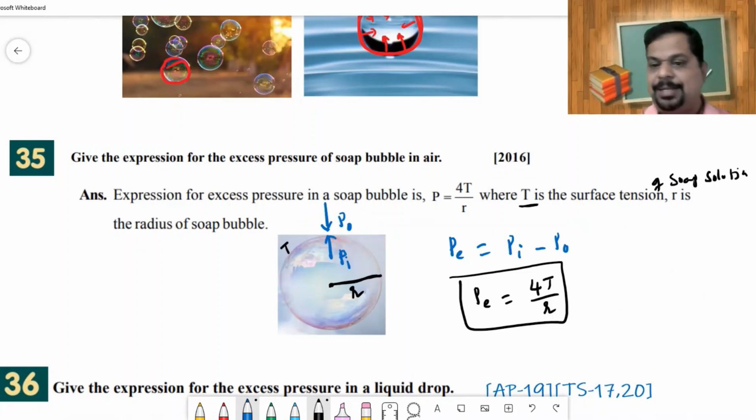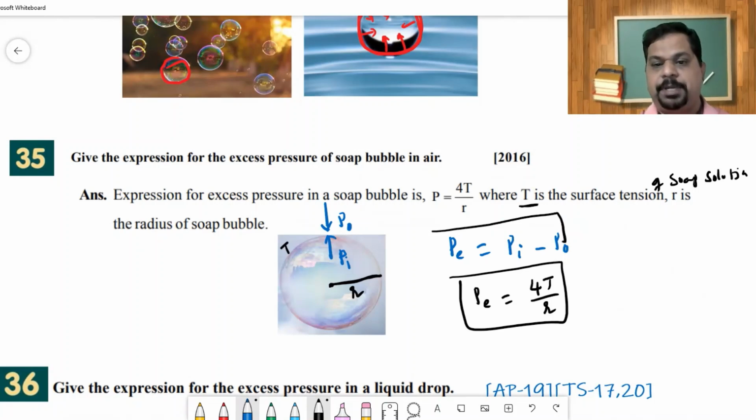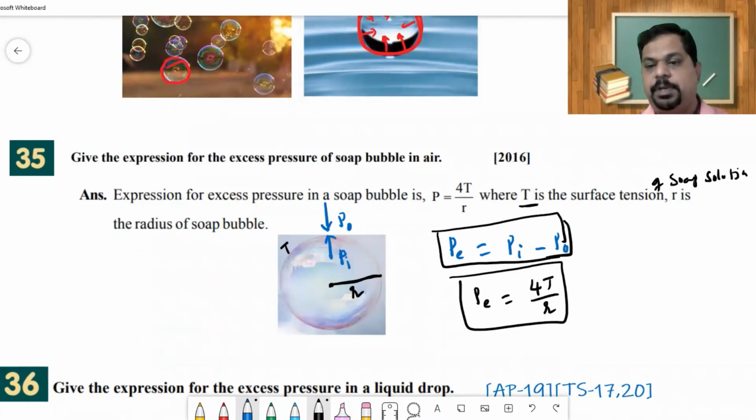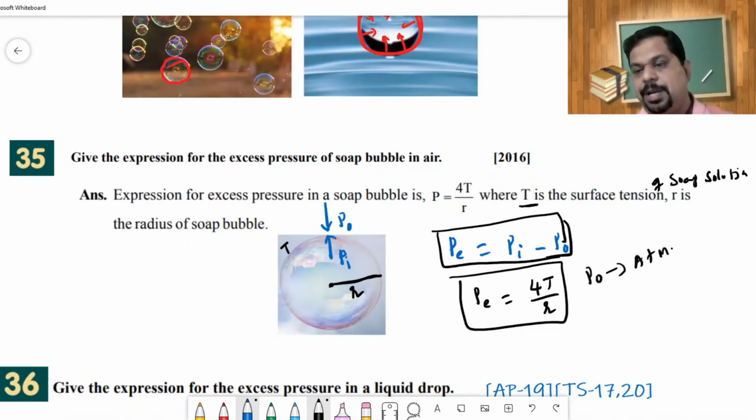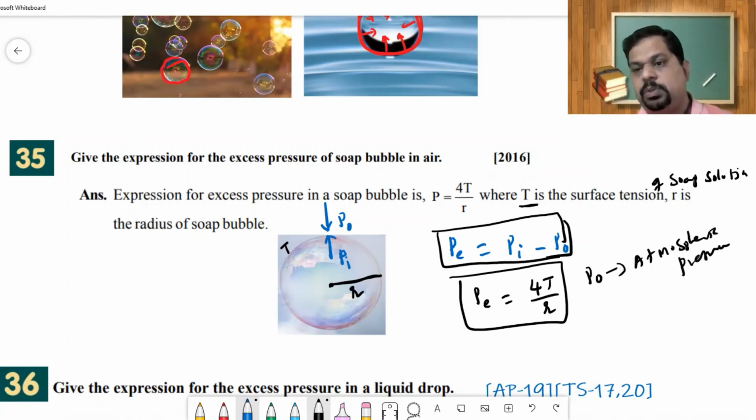So if we can write like that, that's important. Excess pressure is nothing but the difference between inside and outside. So what is outside pressure here? What is P naught? Atmospheric pressure. So better if you mention all that, it is very simple.